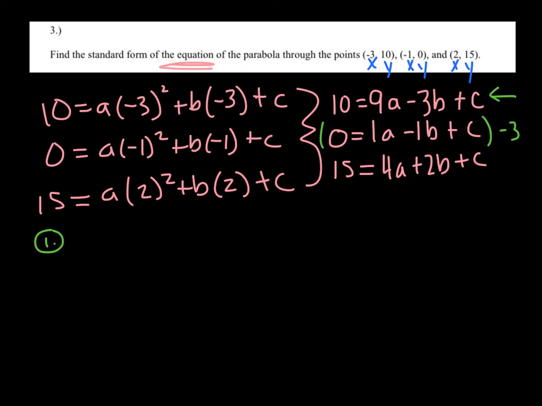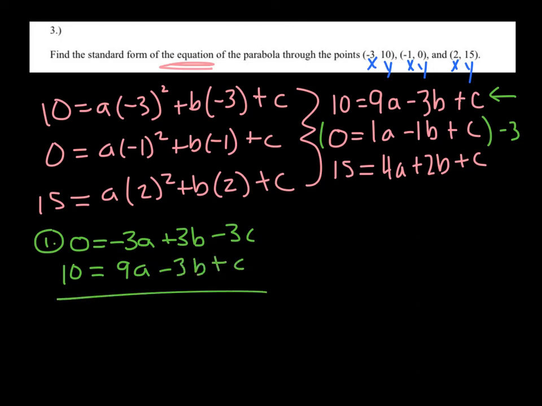This will become -3 times 0 is still just 0 equals -3a plus 3b minus 3c. Combine it with that first equation, 10 equals 9a minus 3b plus c. So we'll get 10 equals 6a, b's eliminate, minus 2c.